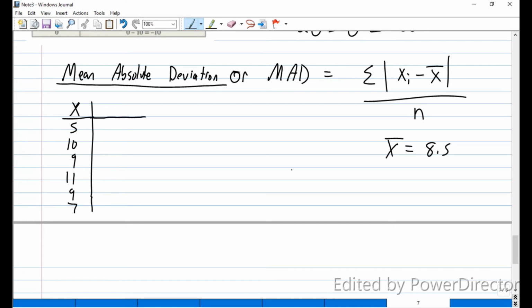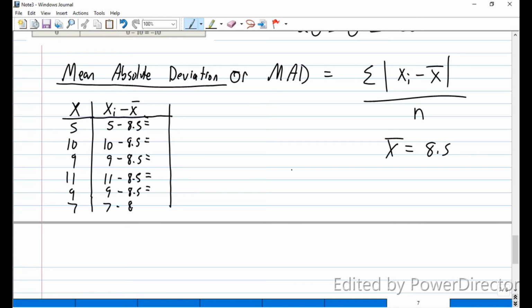All right, so now I'm going to make a column here of x sub i minus x bar. So that's going to be 5 minus 8.5, 10 minus 8.5, 9 minus 8.5, 11 minus 8.5, 9 minus 8.5, and 7 minus 8.5.